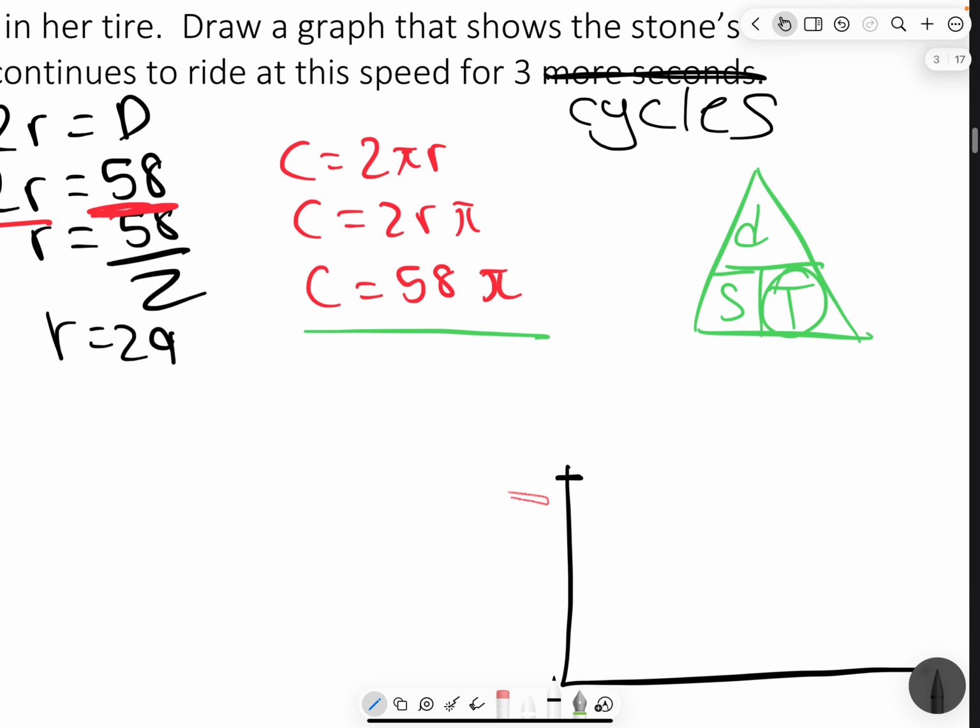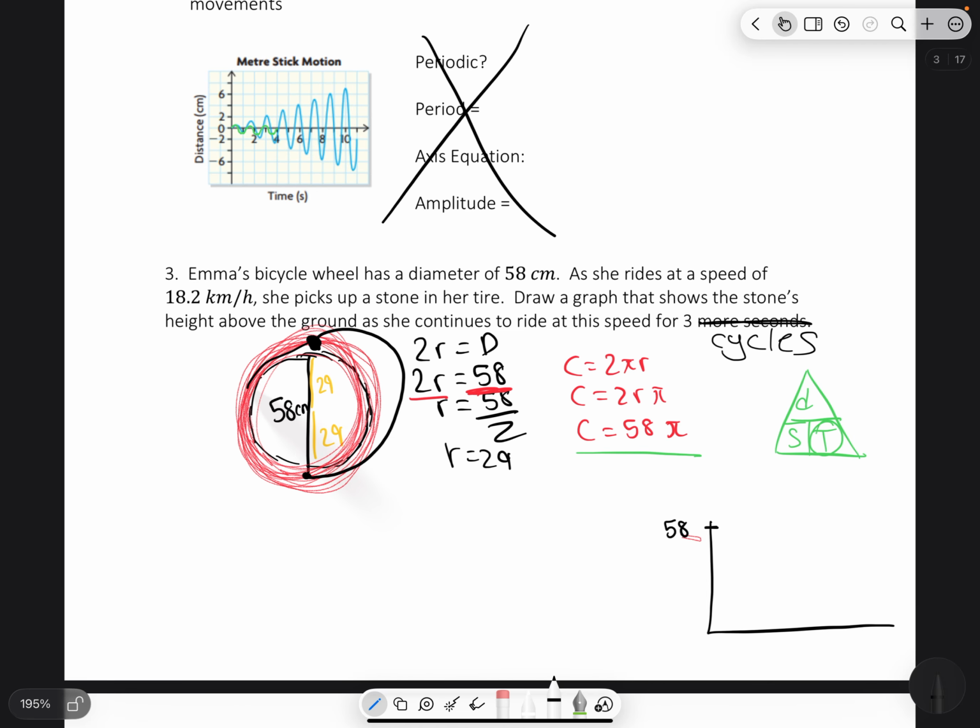So we have the distance she's traveling, and we have the diameter of the circle. Meaning that when the stone, let's say, starts here, it goes up all the way here. This is the highest point it's gonna reach, right? It's gonna reach 58 meters, the highest point. When it goes back down, right?